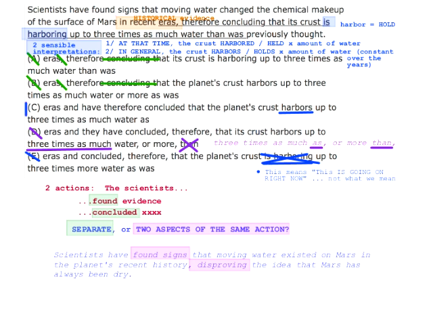So C, like cat. E has some other weirdnesses in it, but they're just weirdnesses. They're not actual errors. The only thing that's really an actual problem in choice E is the tense, "is harboring."